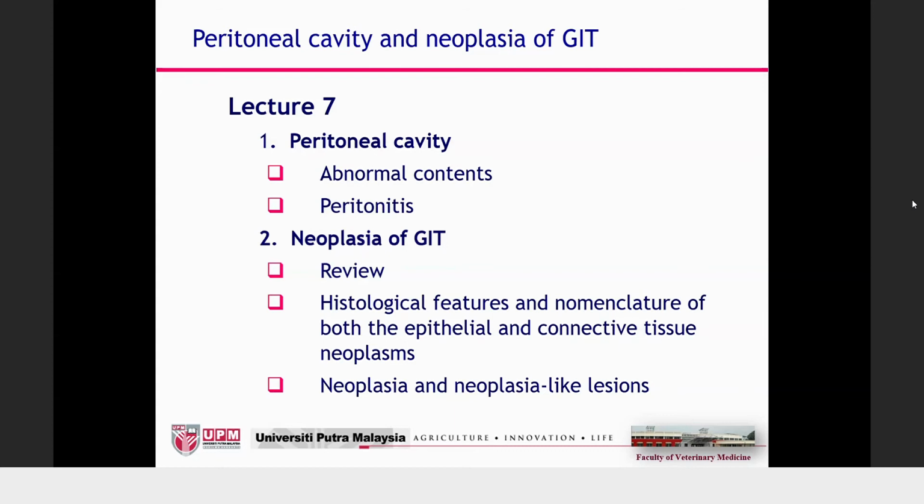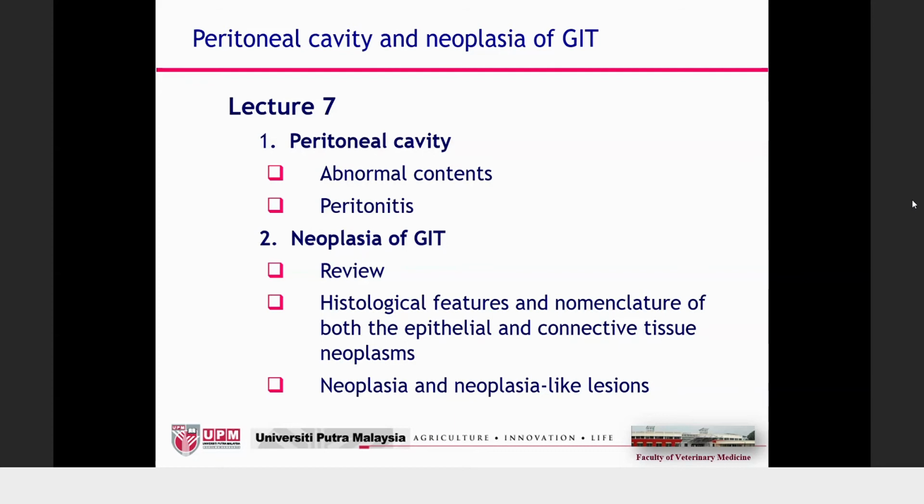So inflammation also plays a very important role in the abdominal or peritoneal cavity. Inflammation of the abdominal or peritoneal cavity is called peritonitis. We discussed peritonitis earlier when we talked about perforation of the GIT. Then the second part, we look more at the neoplasia of the GIT.